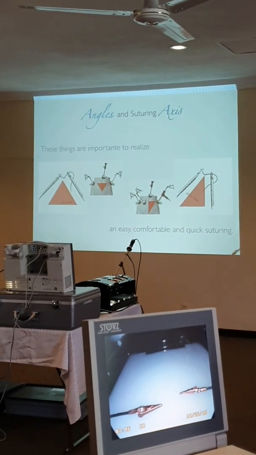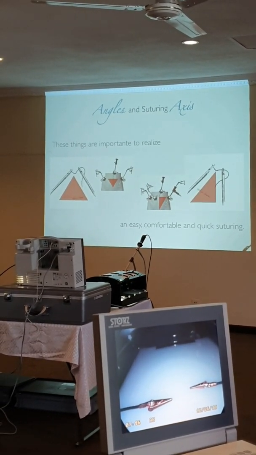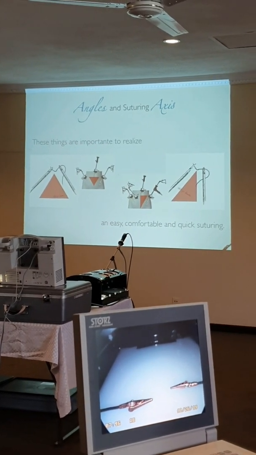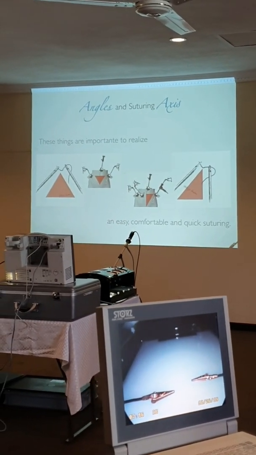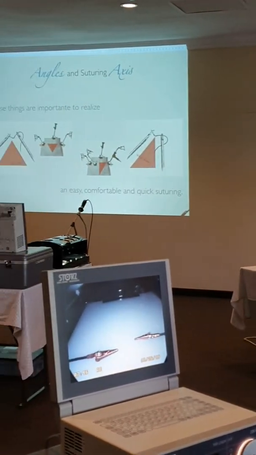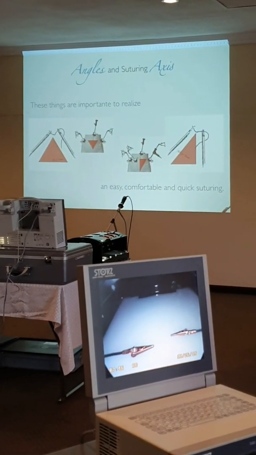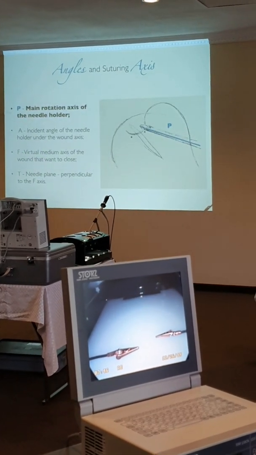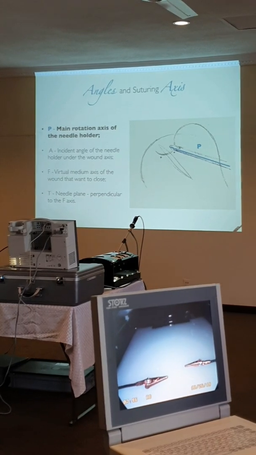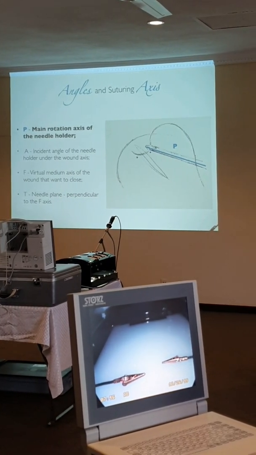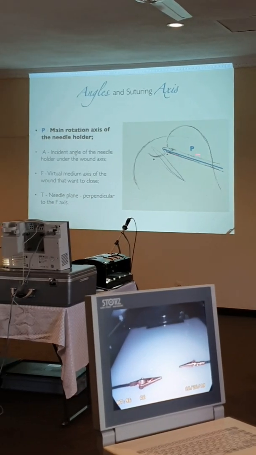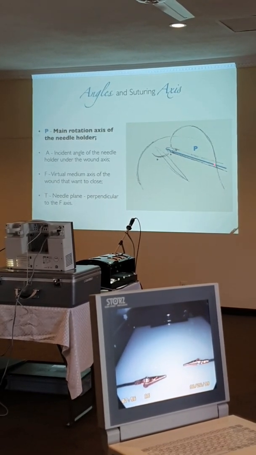It's more comfortable and more ergonomic for you, and for your auxiliary too, because you stay in a more comfortable position to make the suturing, to make the maneuvers, to get the line of the suturing. So the angles in the suturing axis you can divide in four.